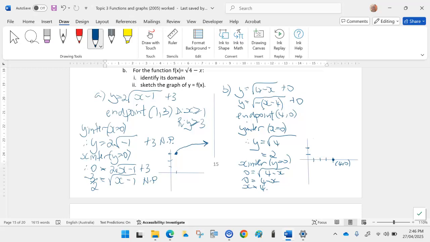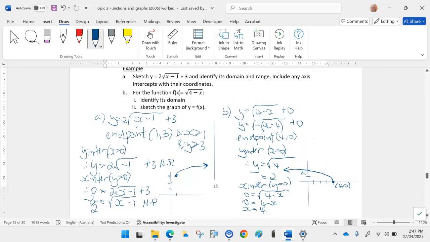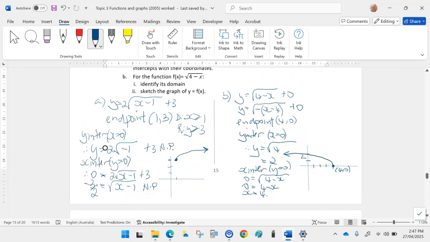But it does cross the y-axis at 2. Now how does it do that? Start at (4, 0) and cross the y-axis at 2. Well, to do that, it's got to look like this. So that's what the function y is equal to the square root of 4 minus x looks like, starting at (4, 0), crossing the y-axis at 2.